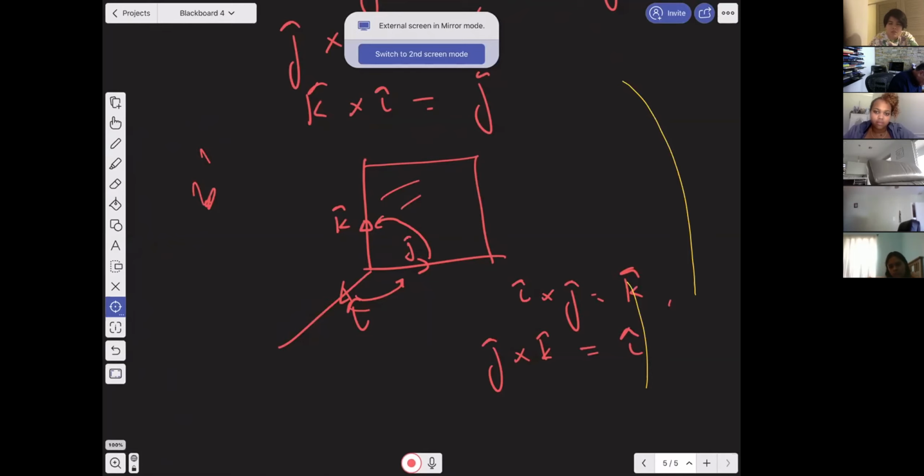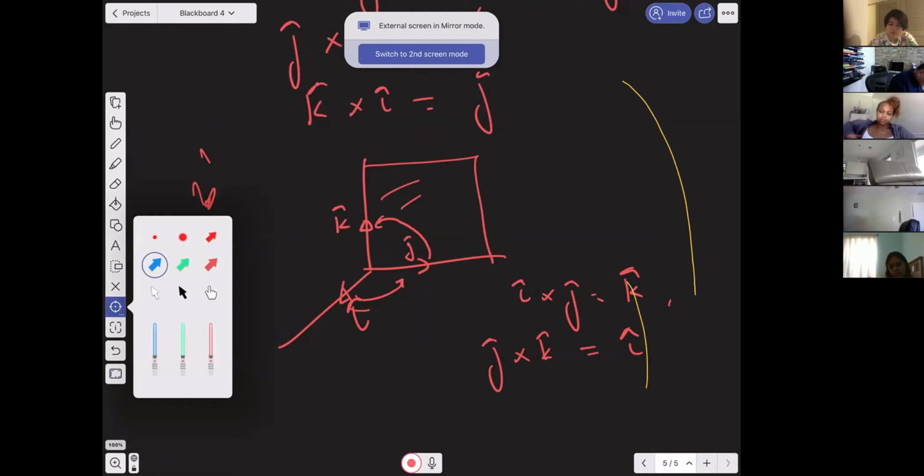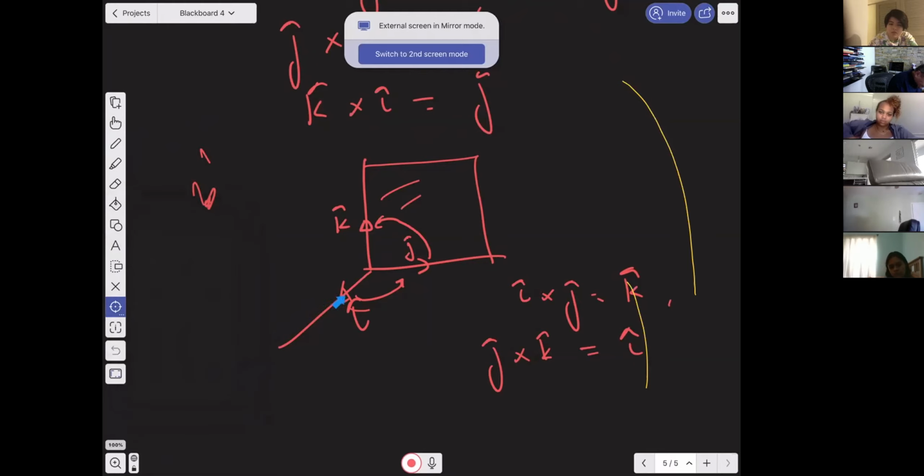I take the first vector, I, and I rotate it with my hand, doing this movement. I rotate I through J. If I rotate I through J, my thumb will point in this direction.